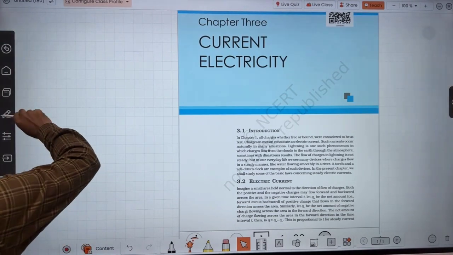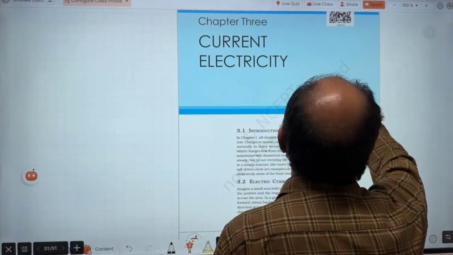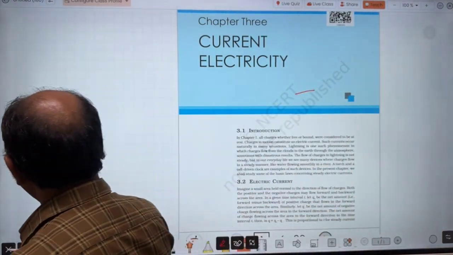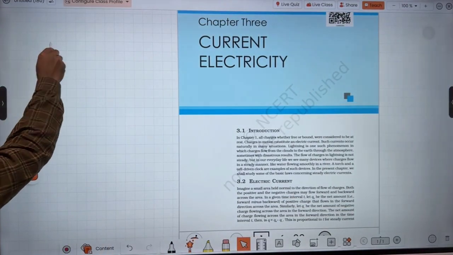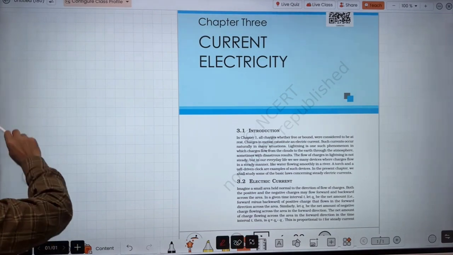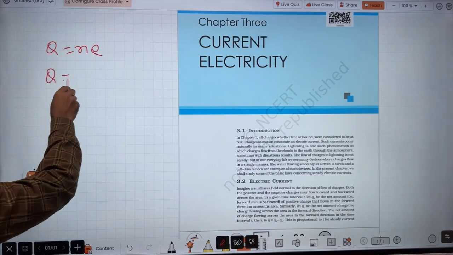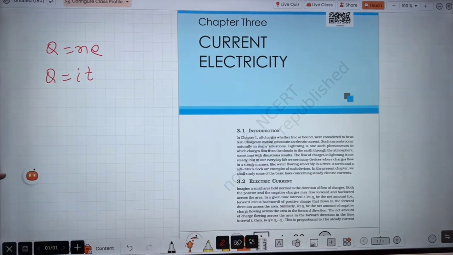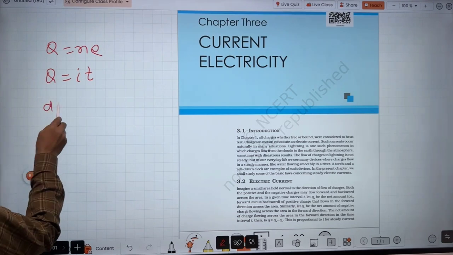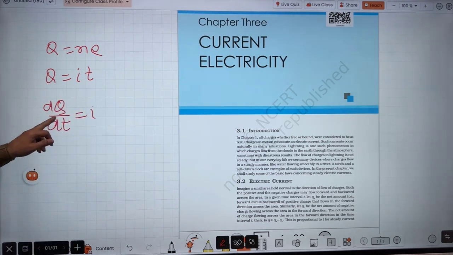You have already studied about current in 10th standard, so you have a basic idea that Q equal to N E, Q equal to I T. If you write in terms of differentiation, you can write dq upon dt is equal to I, the change in charge per unit time.